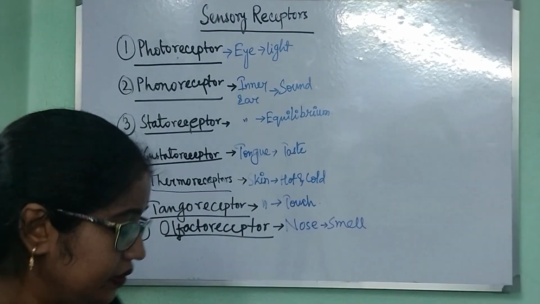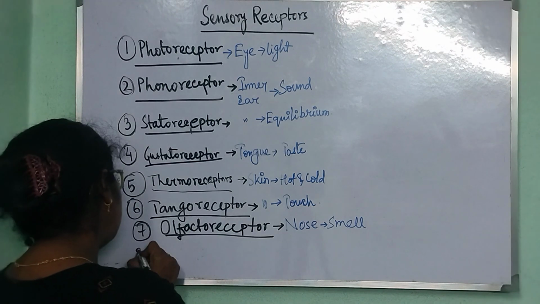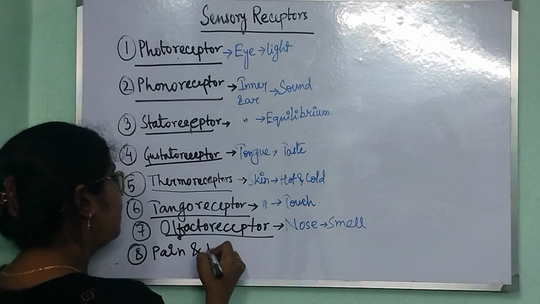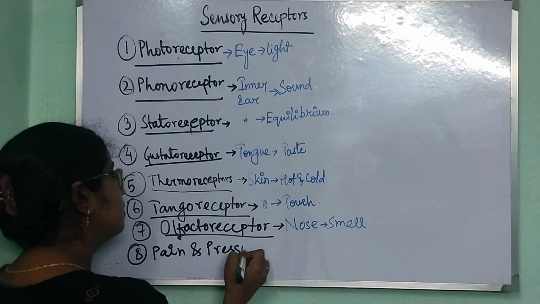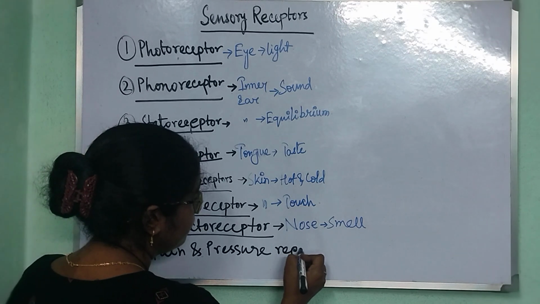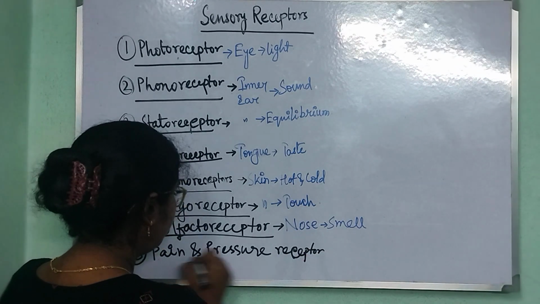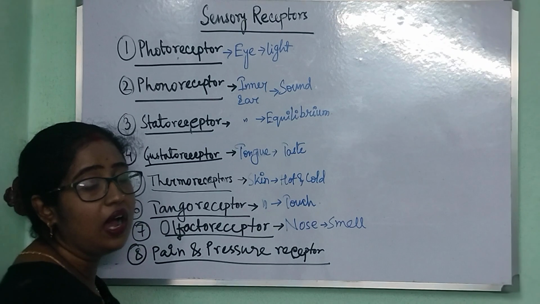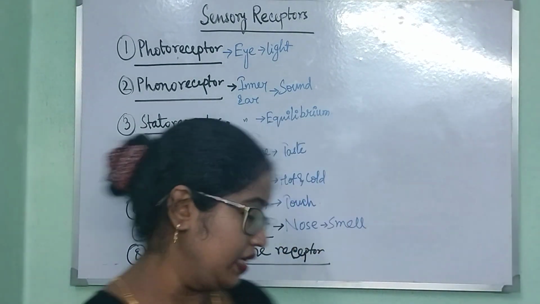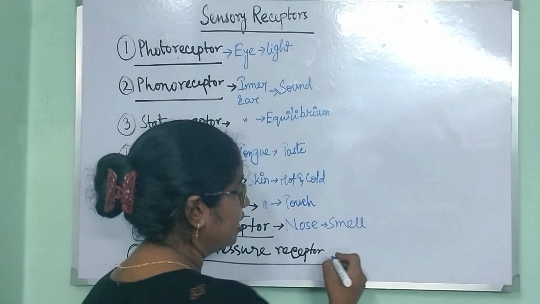And the last one is the pain and pressure receptor. The pain and pressure receptors are located in our deeper skin, not in the superficial skin area.